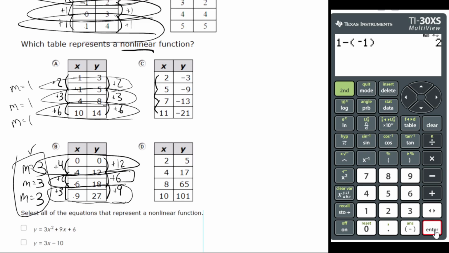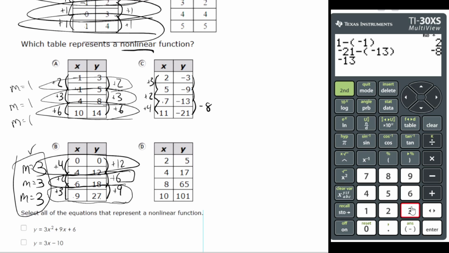Choice C. 11 minus 7 is 4. 7 minus 5 is 2. 5 minus 2 is 3. 21 minus negative 13, this is where it starts to get tricky because we have a lot of minuses and negatives. Negative 8.